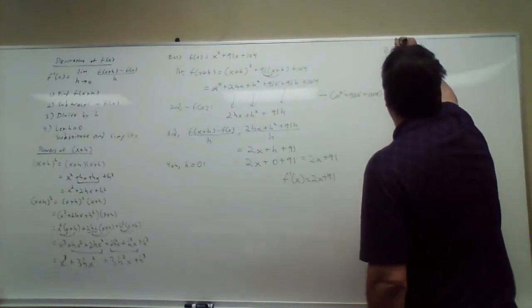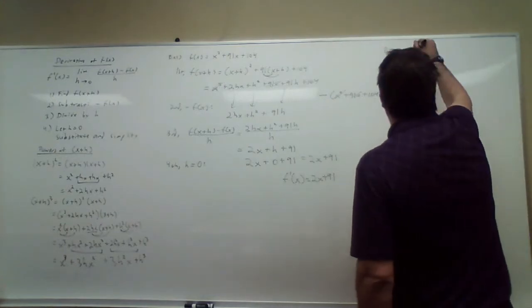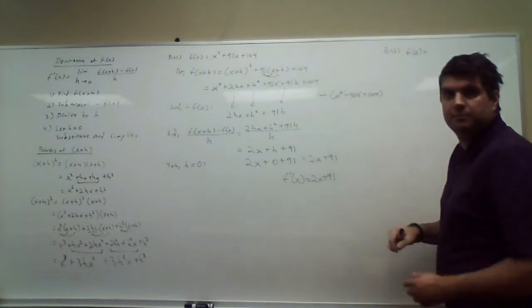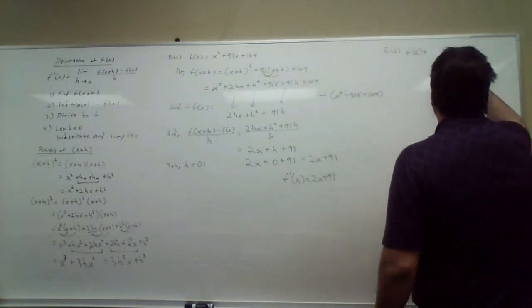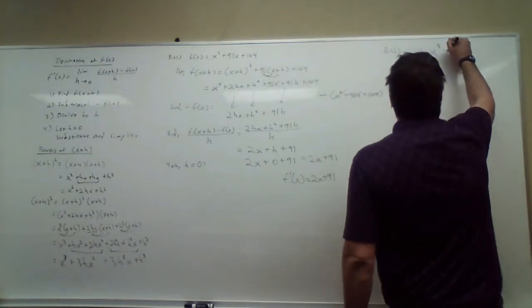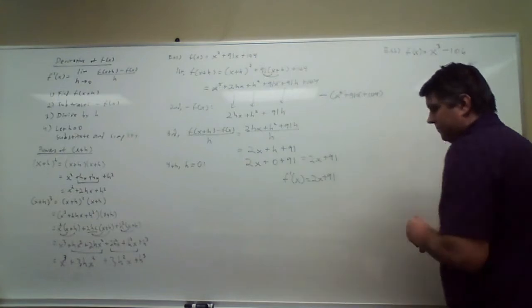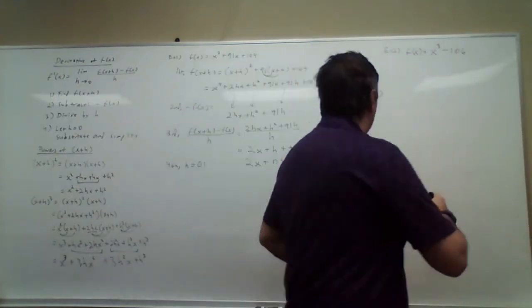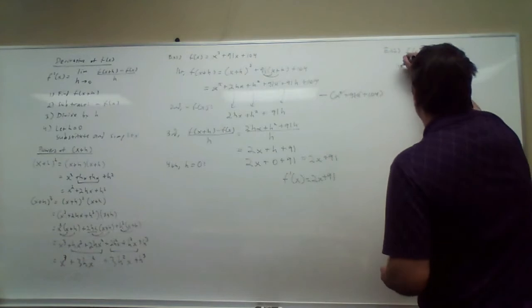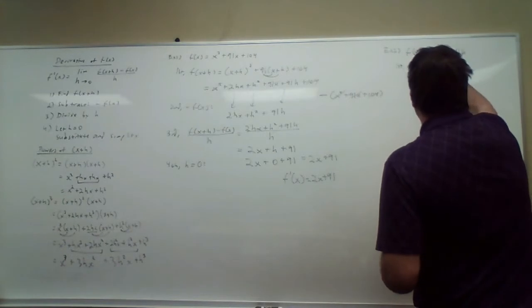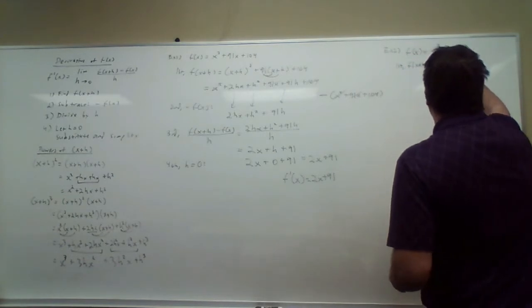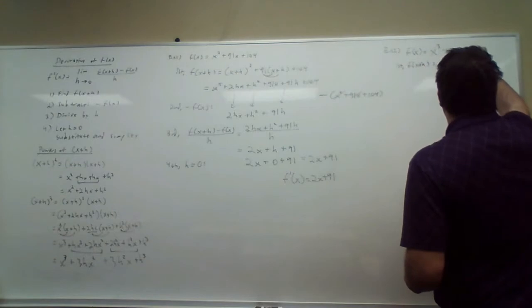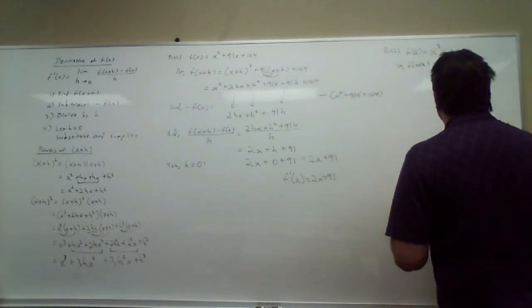Example 2: f of x equals x cubed minus 106. Well, first, f of x plus h equals x plus h cubed minus 106.